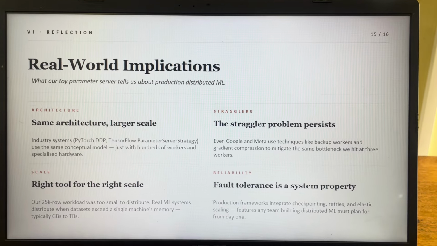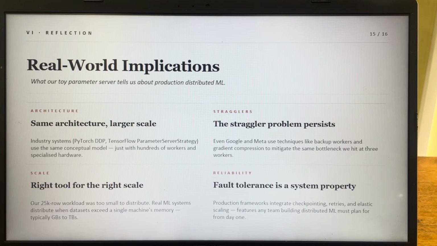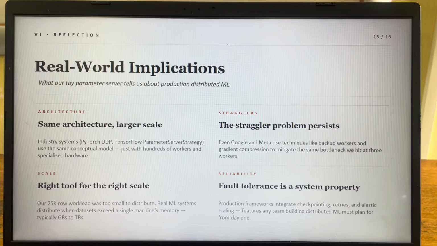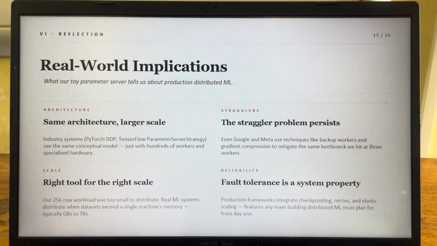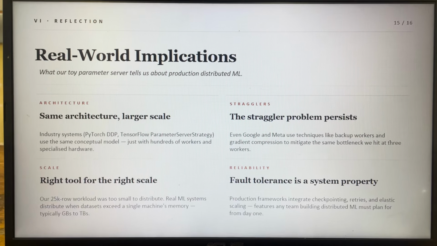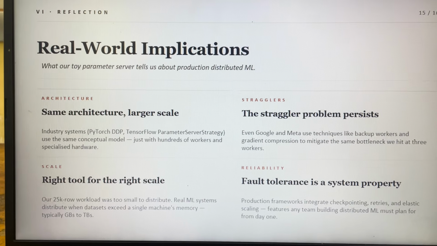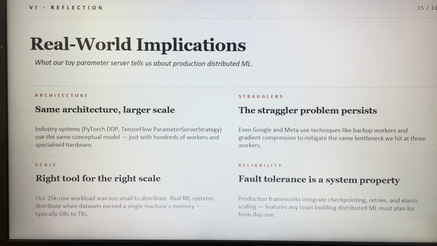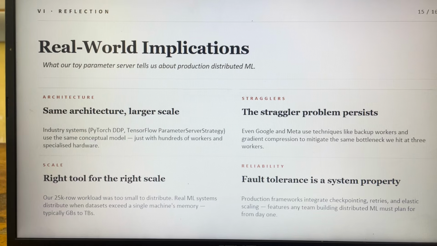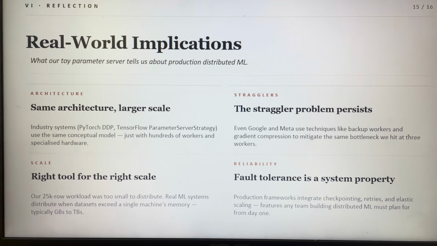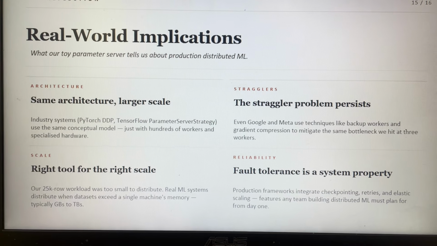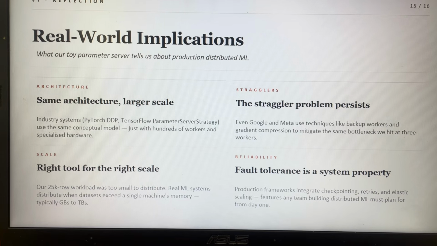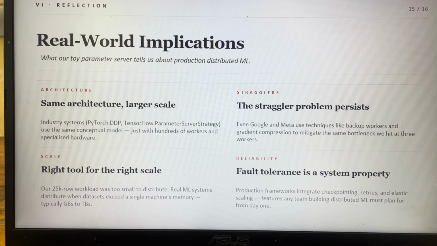We also outlined the real-world implications. What our toy parameter server tells us about production distributed machine learning is that architecture does matter. Same architecture, larger scale. Industry systems that use PyTorch data parallelism and TensorFlow parameter server strategy use the same conceptual model, just with hundreds of workers and specialized hardware.